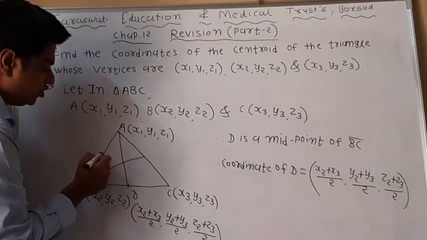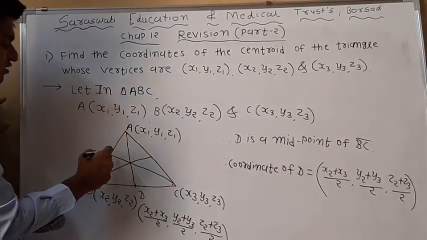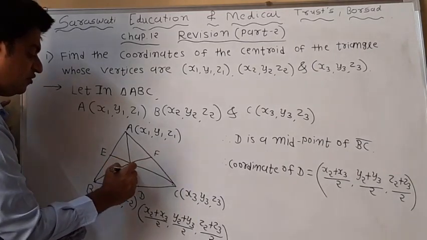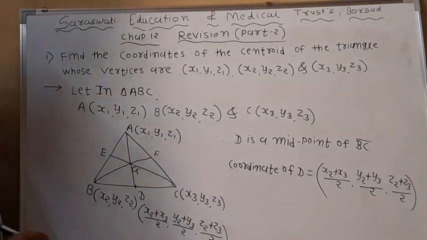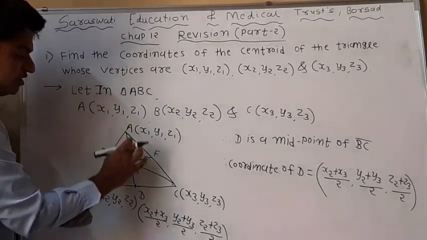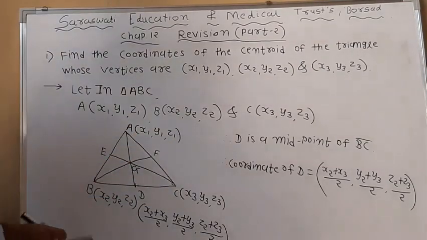So join both these lines, that means join the medians. Here we have E, here F, and our centroid G. Now G divides line segment AD in the ratio 2:1.